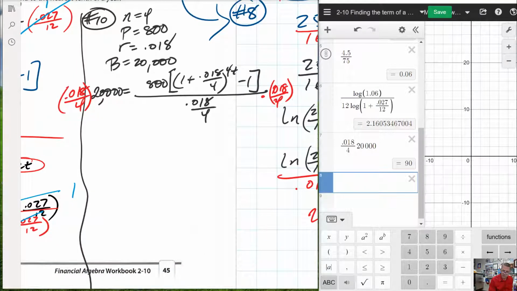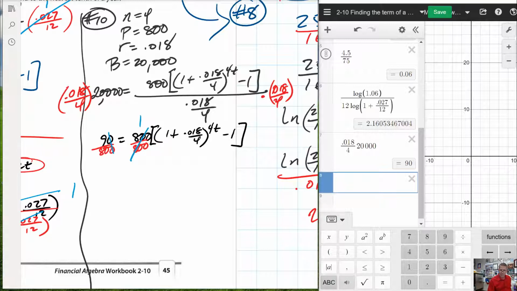So we get 90 is equal to 800 times 1 plus 0.018 divided by 4 raised to the 4t power, minus 1. At this point, you want to divide by 800. Simplify a little bit, cancel out the leading zeros, so you get 9/80ths.